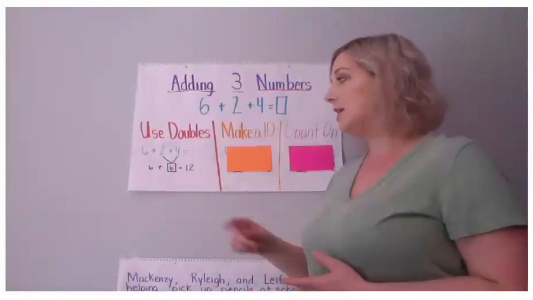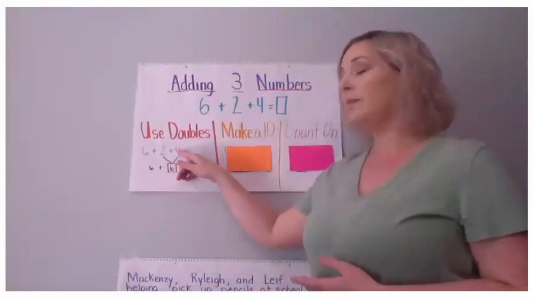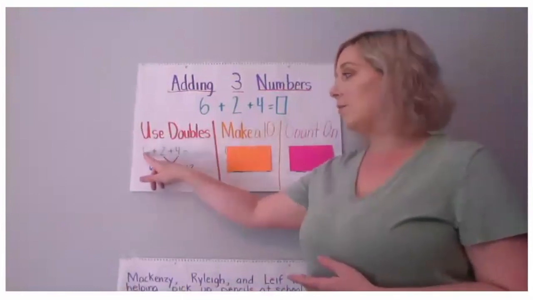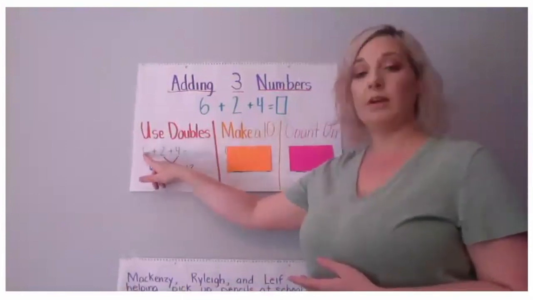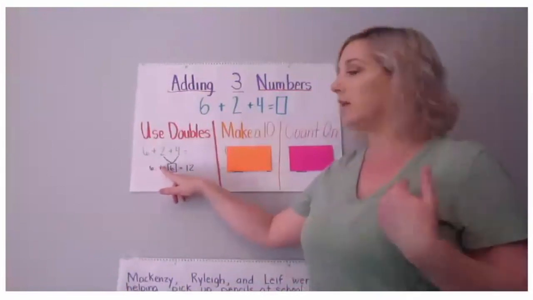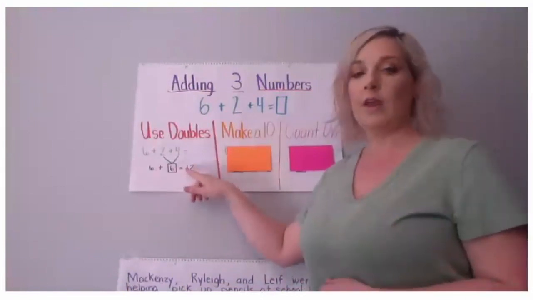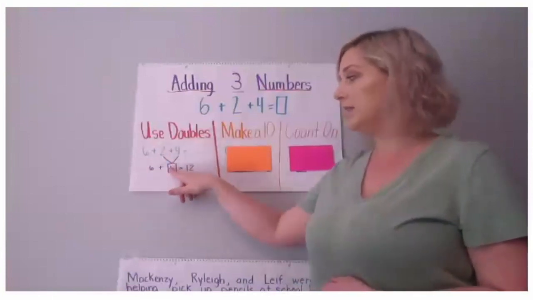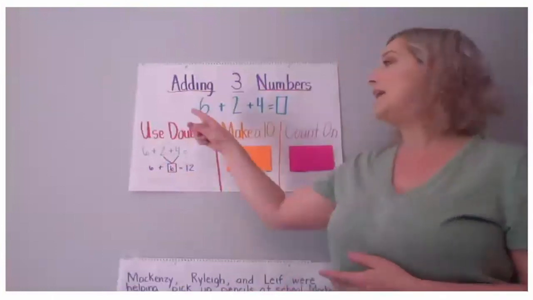The two numbers I chose were 2 and 4 because I know that 2 and 4 make 6. Then I add the third number, and 6 plus 6 is a doubles fact that I know quickly, so that's 12. Using two numbers to make a doubles fact, 6 plus 6, is a strategy that helps us solve adding three numbers quickly.